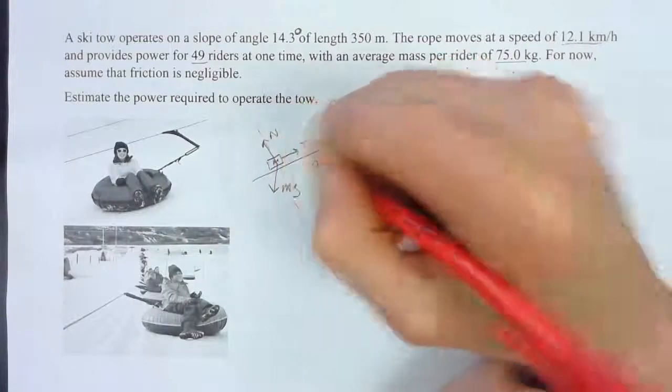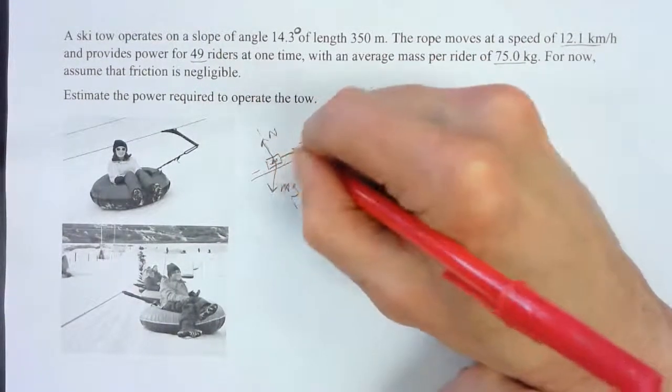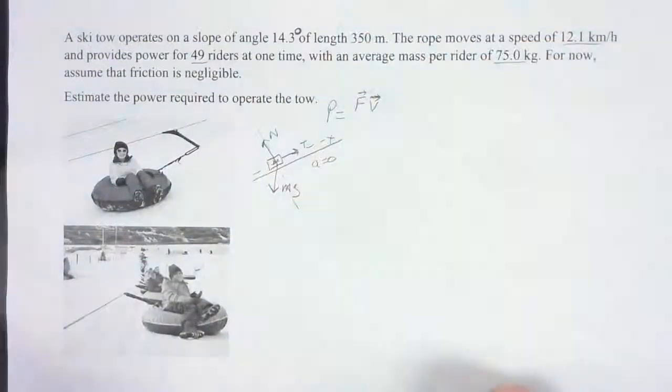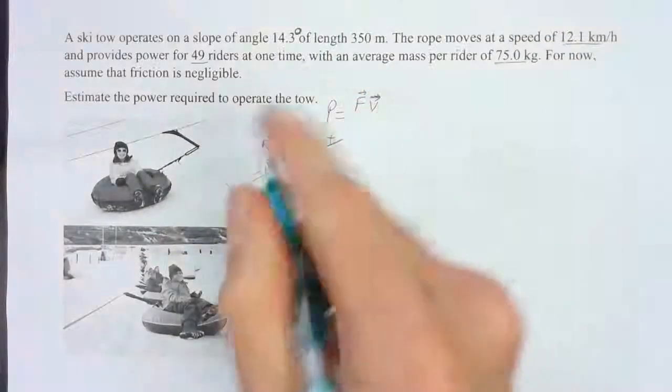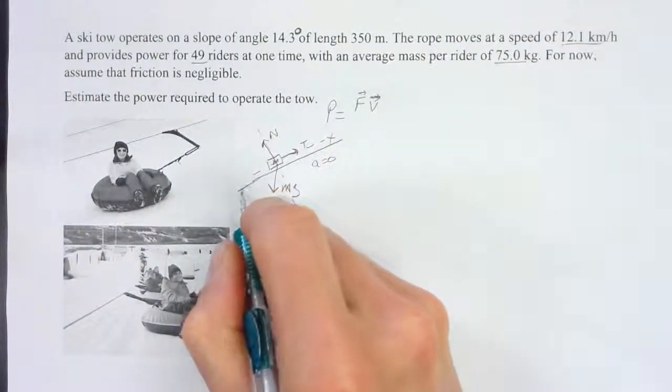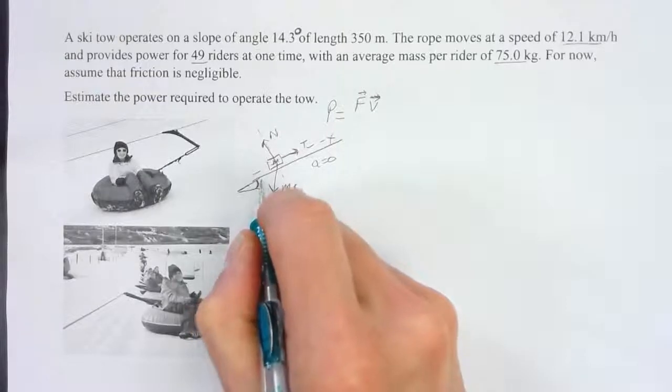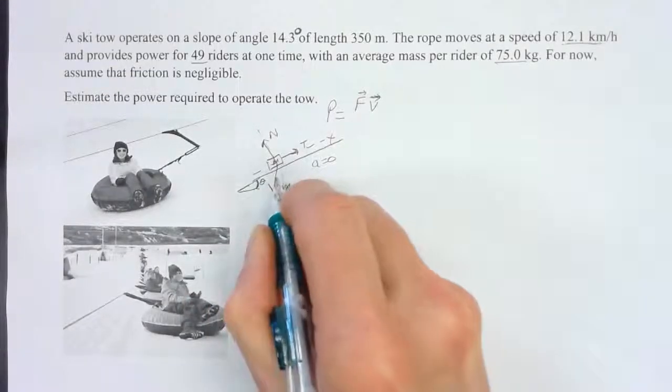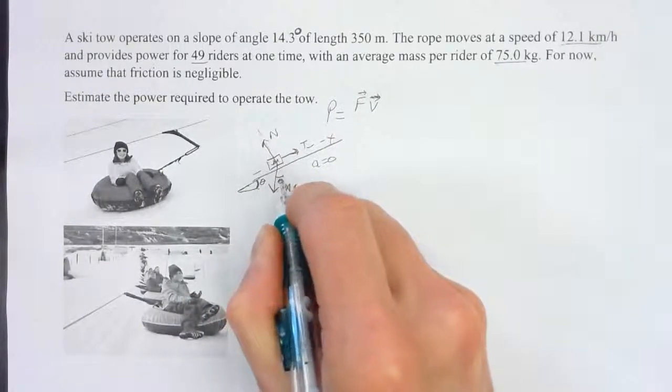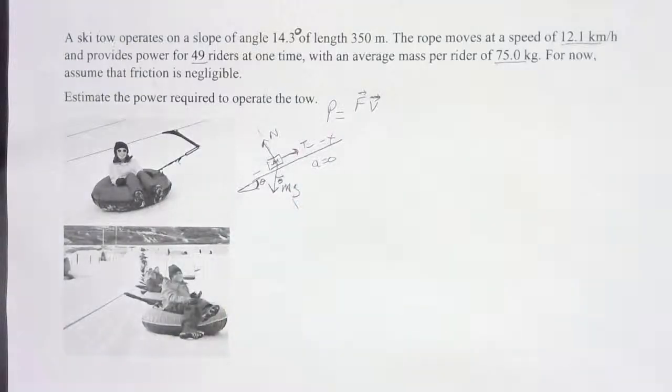The force we need is that tension, so we'll choose an axis that lines up with the tension. And if you recall, this angle here of the hill is the same as this angle right here between the gravity, which is vertical, and the y-axis that's perpendicular to the slope.